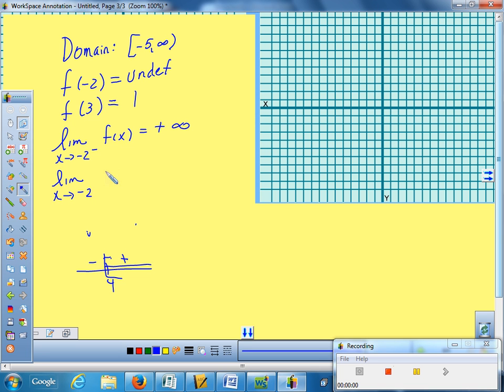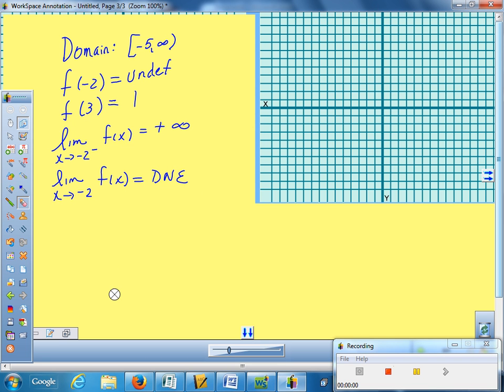The limit from both sides has to be a DNE, does not exist. And then the limit from the right-hand side of 3, limit from both sides of 3 is got to go to -1.